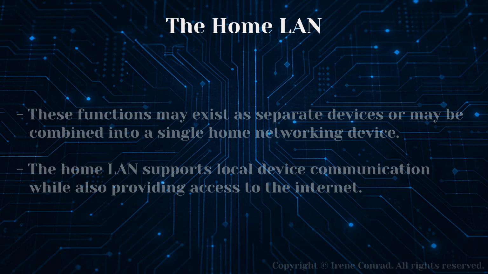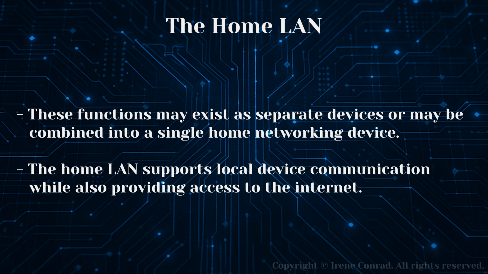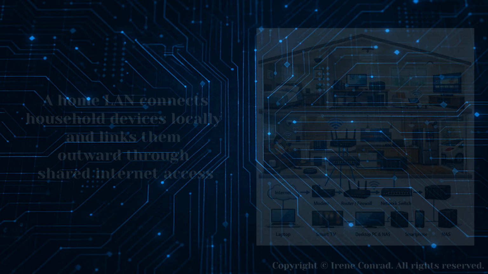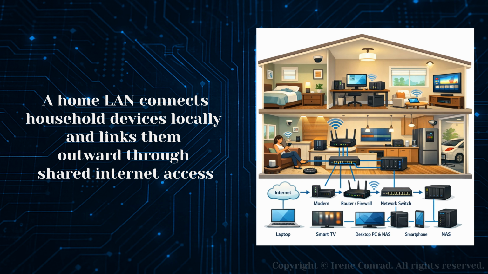That may sound like a lot, but the big idea is simple. All of those pieces help connect your home devices to each other and to the internet. So when your smart TV streams a movie, your laptop joins Wi-Fi, and your phone checks email, your home LAN is doing the work in the background.